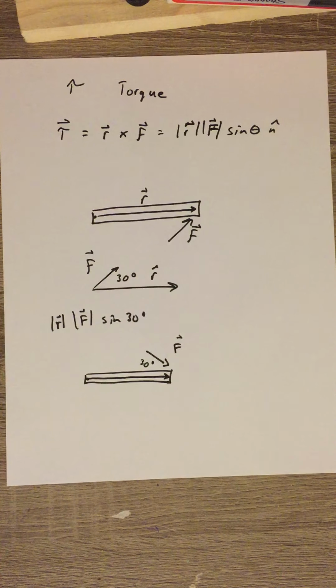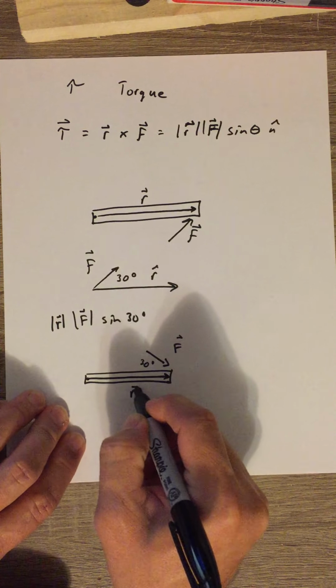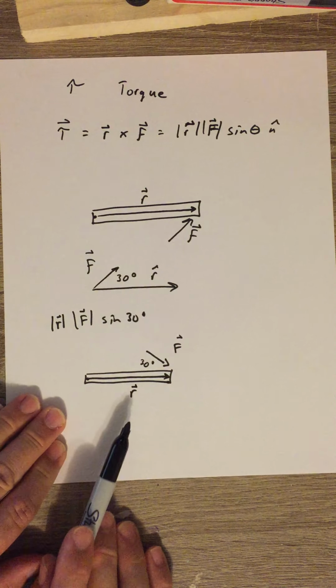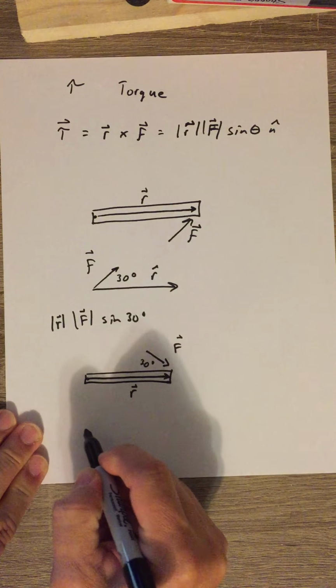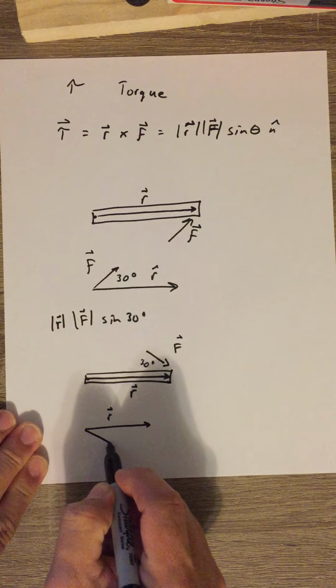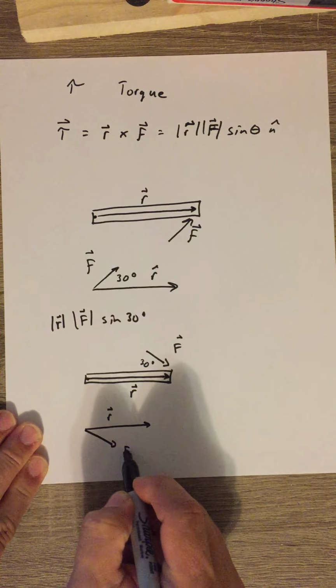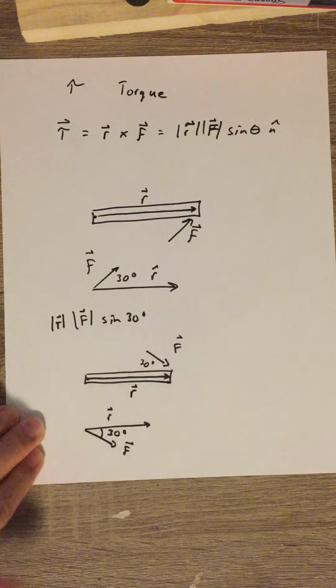So far it looks pretty similar, but we're about to see a difference. Now, if I rearrange my vectors so that I can use the definition of the cross product, they look like this. There's R, and there's F. I just put them tail to tail, and there is my 30 degrees.